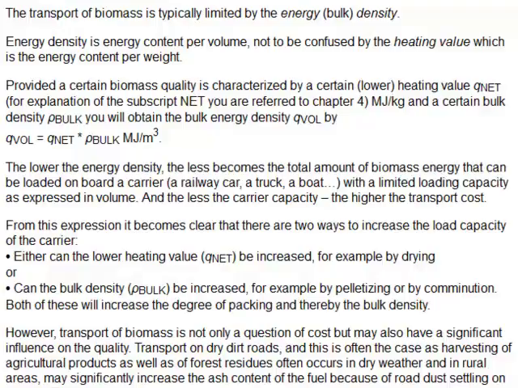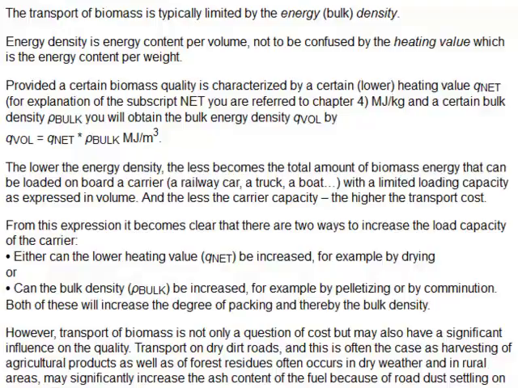In case the bulk density of the material is low, so there's only a few kilos or a few tons per cubic meter, then typically what happens in the carrier is that the volume is full, but the weight limit is not reached. With the high bulk density, the opposite situation is true. The weight limit might be reached before the volume is actually full.